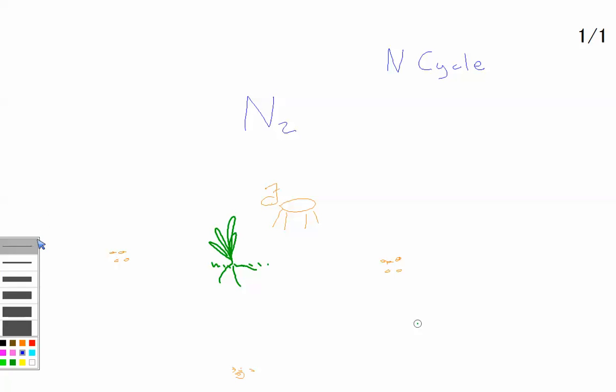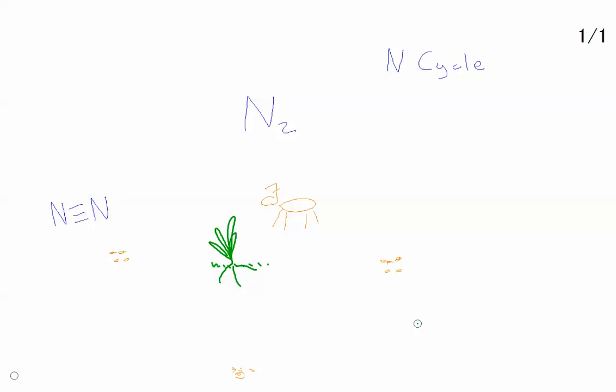If you draw a molecule of nitrogen gas, N2, you realize it has a triple covalent bond. Just like O2, oxygen gas, has a double covalent bond, and H2, hydrogen gas, has a single covalent bond. Well, as it happens, triple covalent bonds are stronger than double covalent bonds, which are stronger than single covalent bonds.